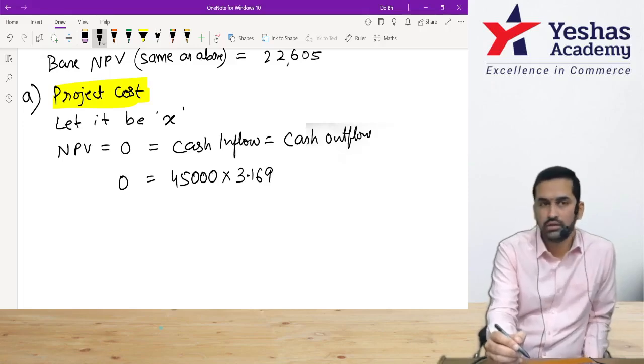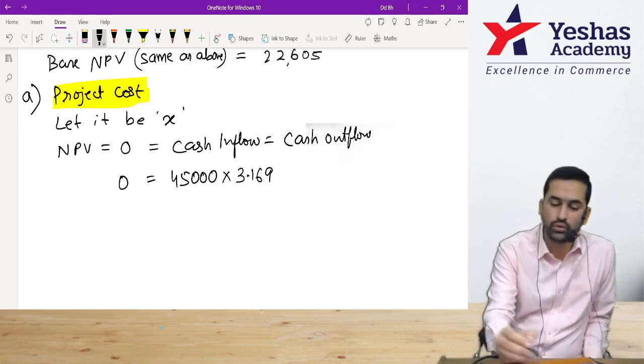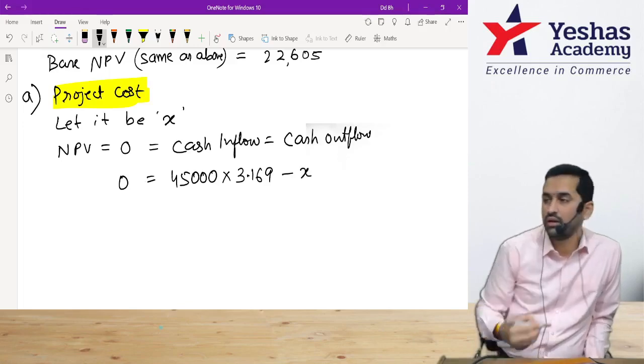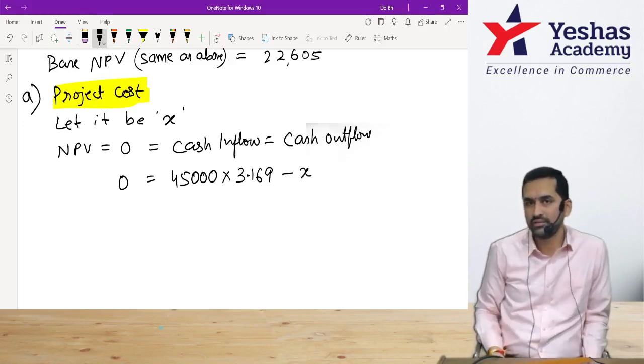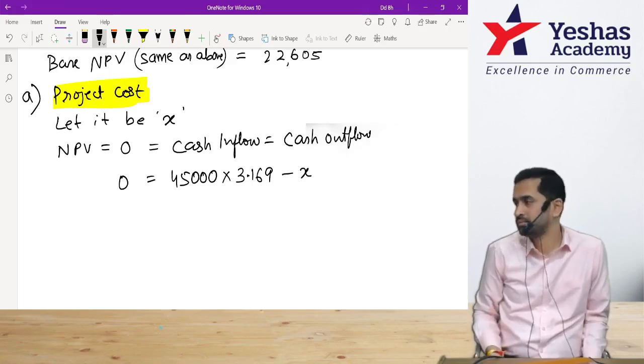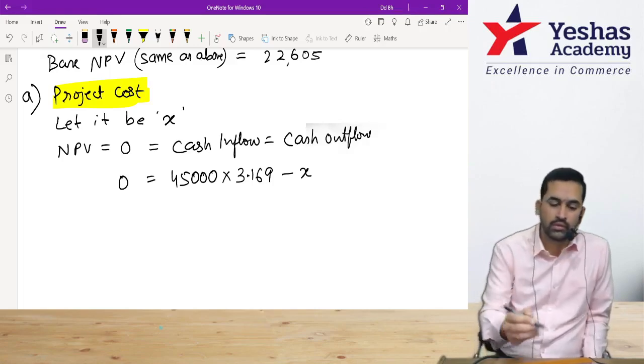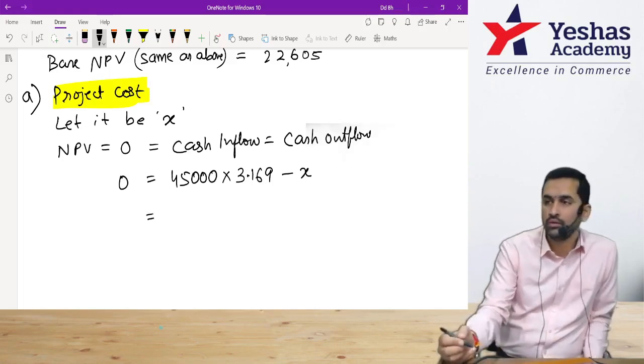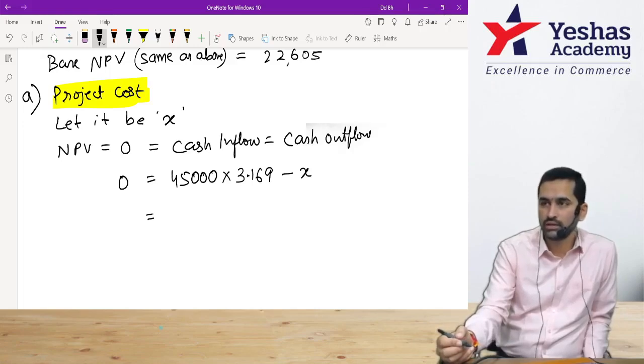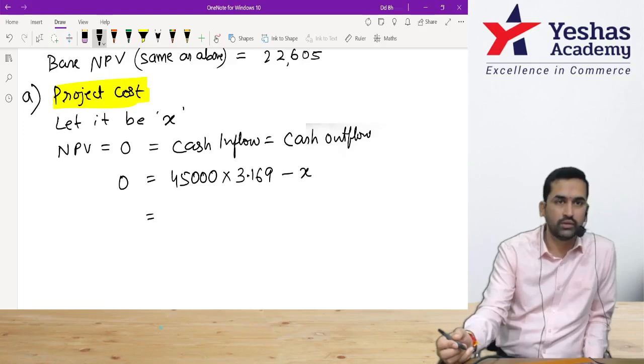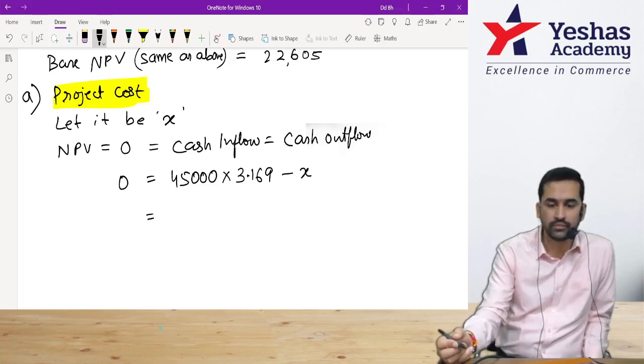Correct. This should be equal to cash outflow. Since I've written 0 here, I can write it as minus X. Inflow minus outflow. Correct. Cash outflow I do not know. I've written 0 this side. That's why I wrote it as minus X.